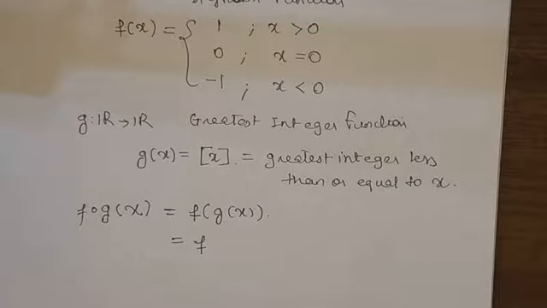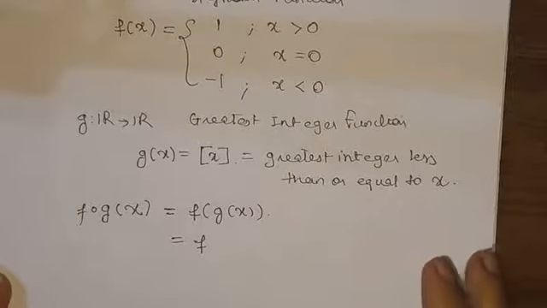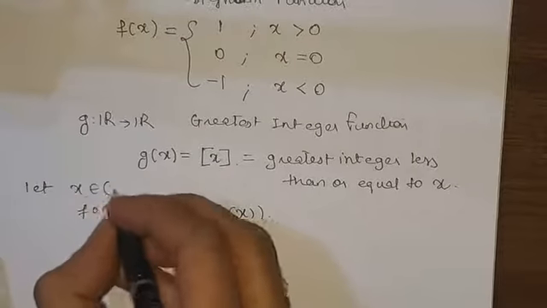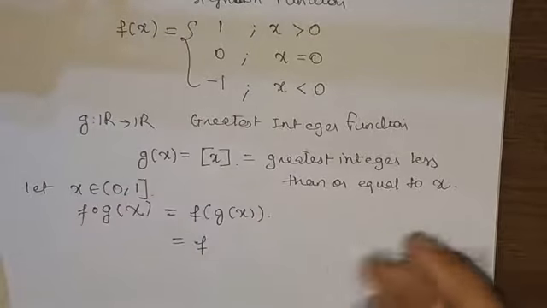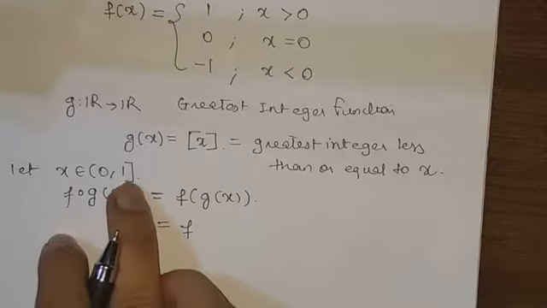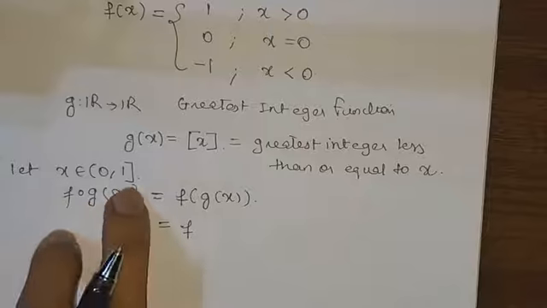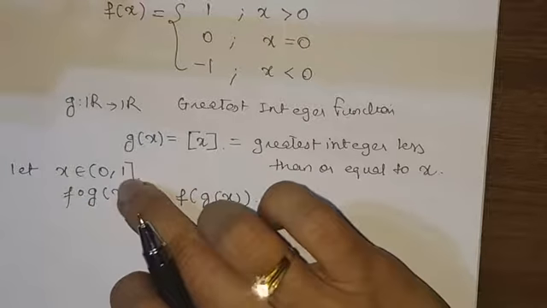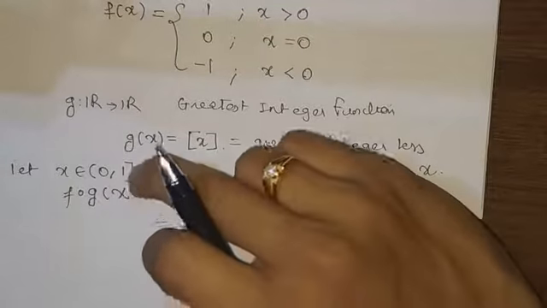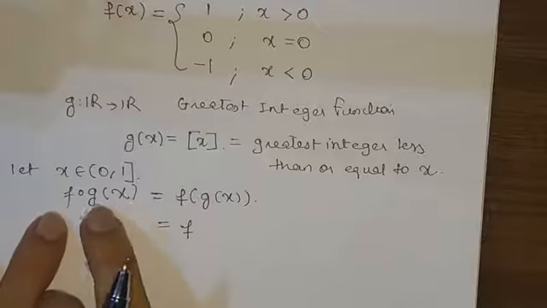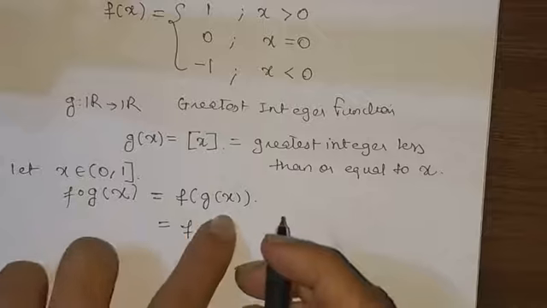But we have to check that f composite g and g composite f coincide in the given interval. So let x belong to the given interval, that is (0, 1]. This set is a subset of the real numbers, so the function is defined there. Okay, so f of g of x.